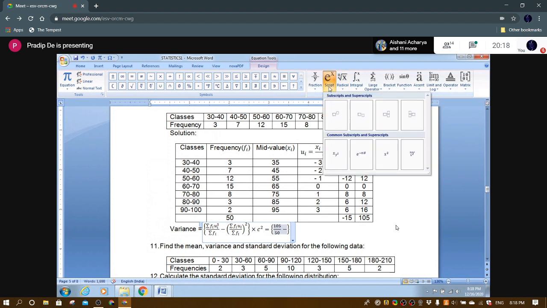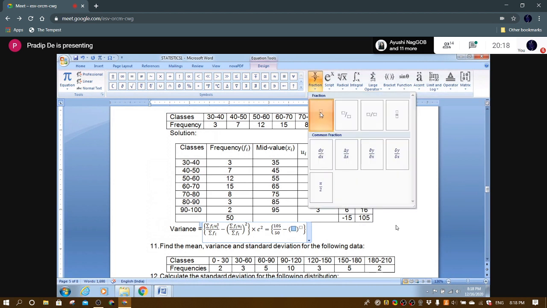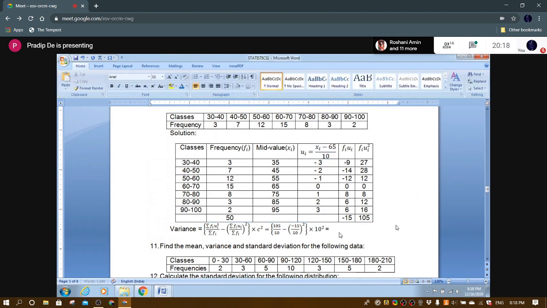So the square of minus 15 by 50 whole square, multiplied by 10 square. Compute this. Use the calculator. Compute.